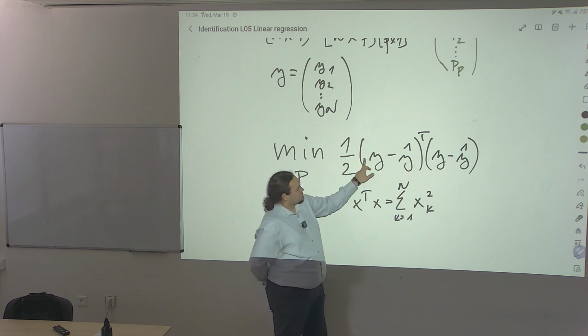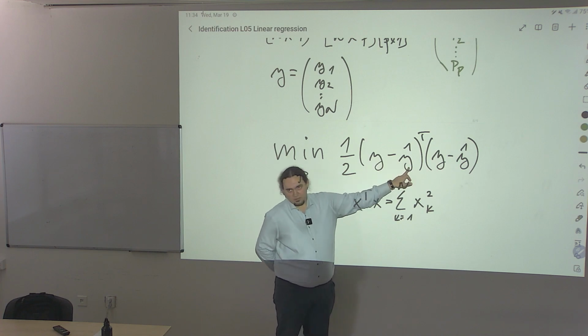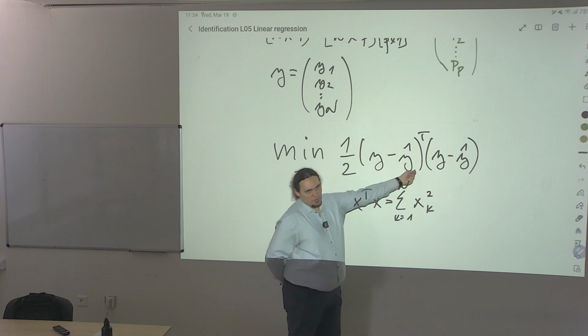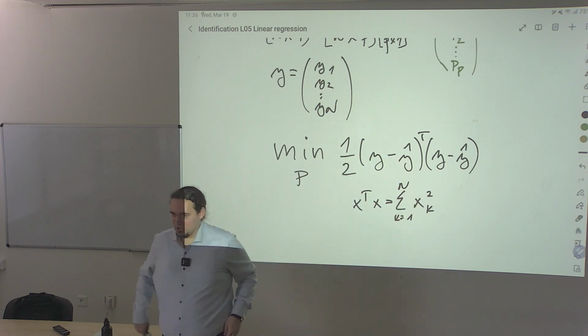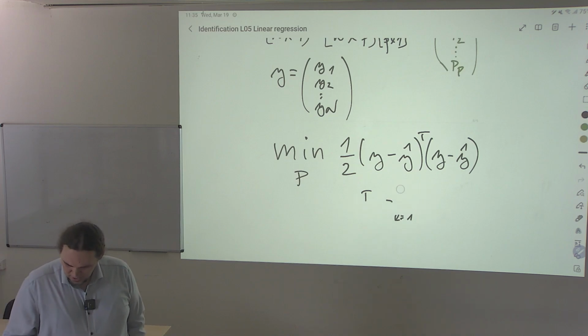From the first vector it will take the error, the difference between the data point and our prediction, and we'll multiply it with the same experiment's entry, and it will sum over the second experiment, third experiment, and so on.